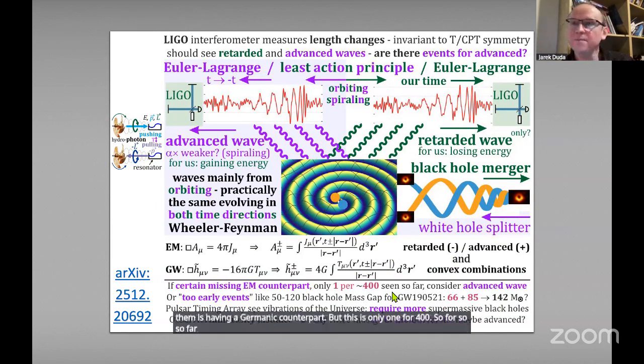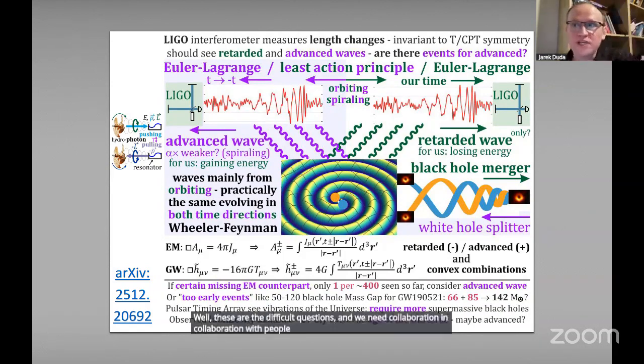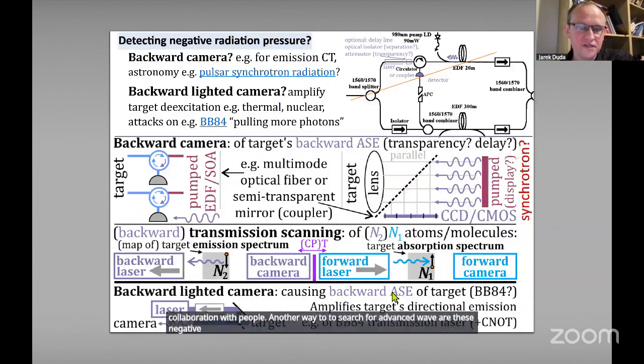In the future there might be events where we are certain there should be an electromagnetic counterpart, but we don't see anything. I think this would indicate an advanced event. But these are difficult questions, and we need collaboration with gravitational wave people. Another way to search for advanced waves is the negative signals that they already see.